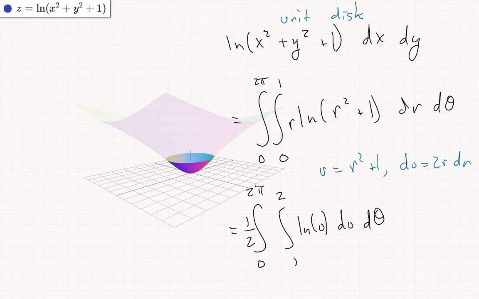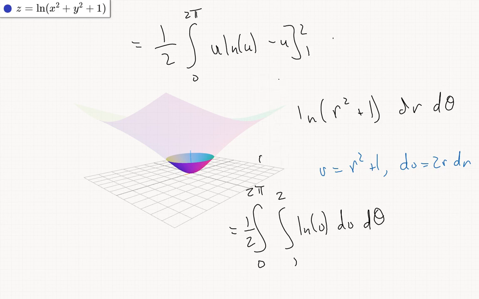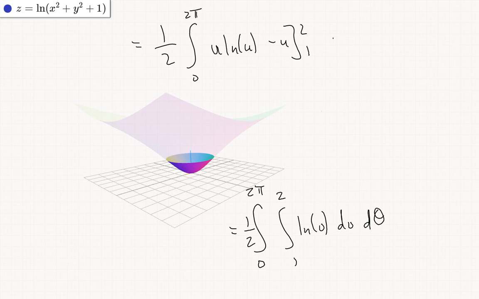So the integral of ln u we recall is u ln u minus u, so this will be 1/2 integral 0 to 2 pi of u ln u minus u at 2 and at 1. And then that is integrated with respect to theta.